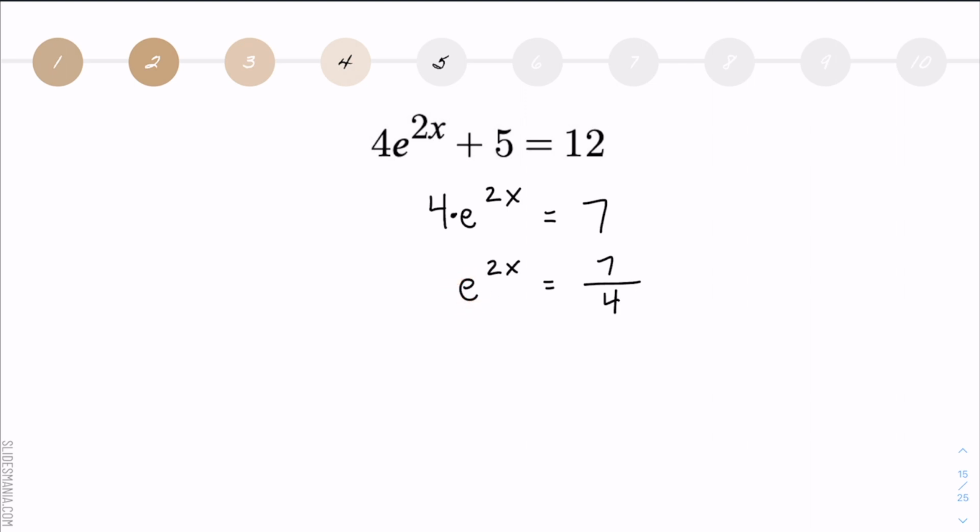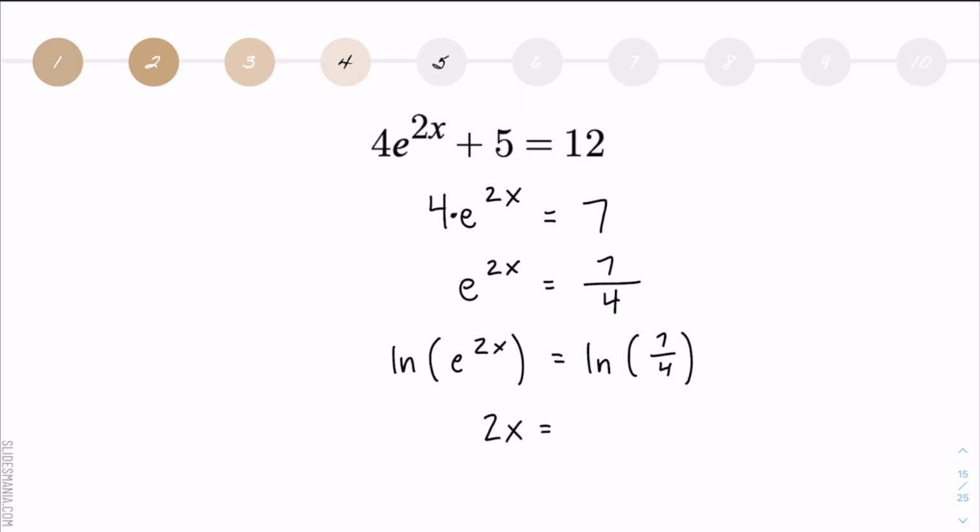And if you're thinking natural log, great job. We're going to take the natural log of both sides. Because remember, it's all about equivalence here. What you do to one side of the equation, you must do to the other. And because these are inverses, because this is log base e, our natural logarithm, we're left with 2x equals.